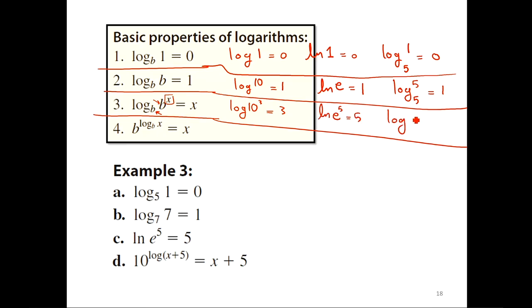Logarithm 5 to the power 4 to base 5: if we have the argument with the same base, the value equals the exponent. So we have 4. Okay.